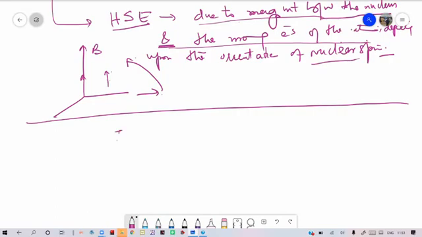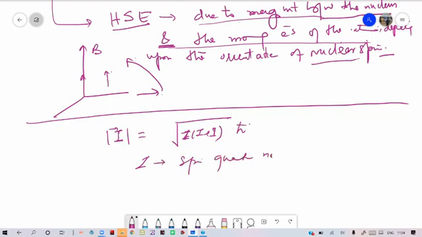So we can write that the magnitude of the nuclear spin magnetic moment is √(I(I+1)) ħ, and this I is the spin quantum number of the nuclei, and it is different.